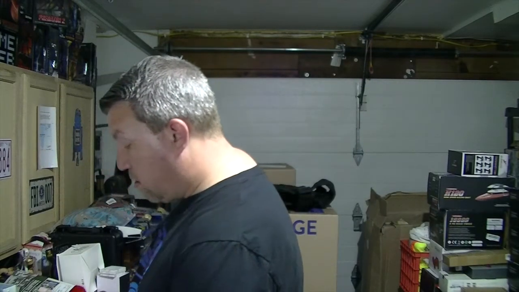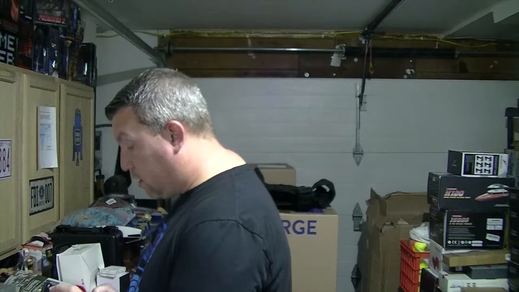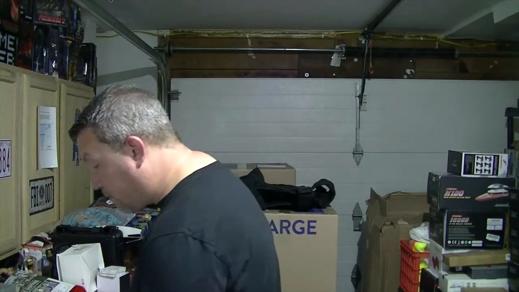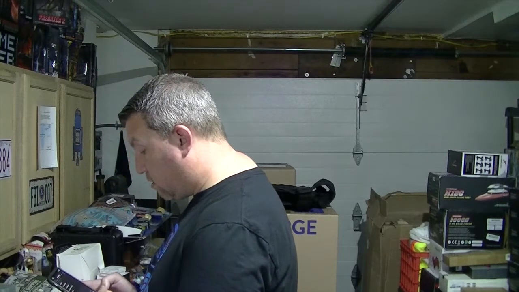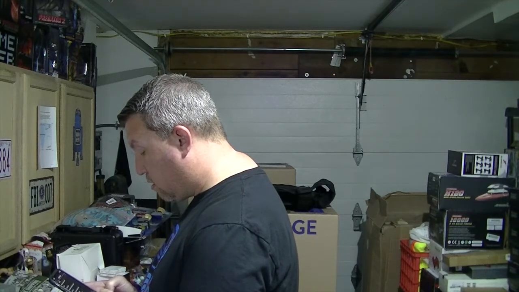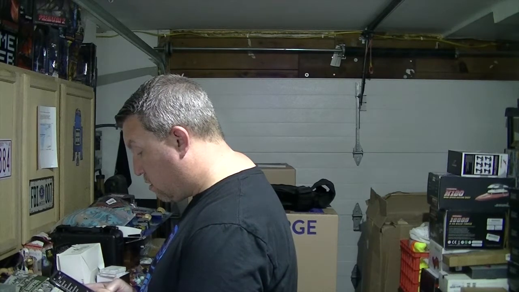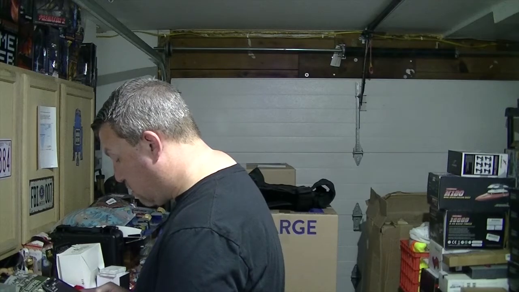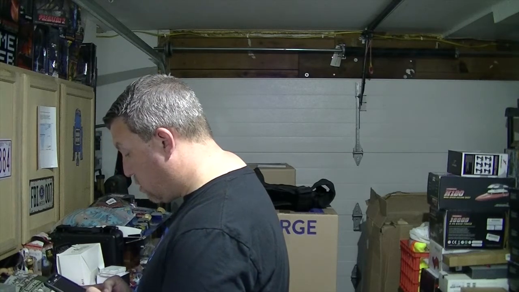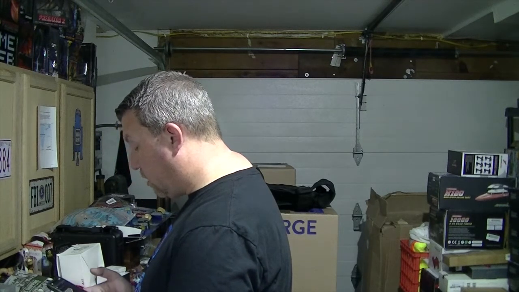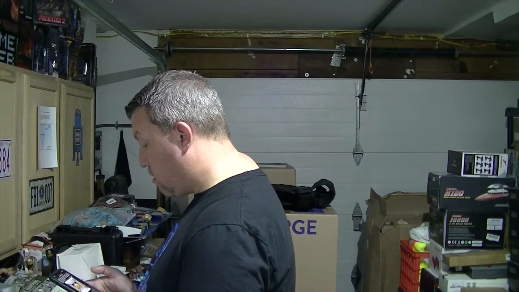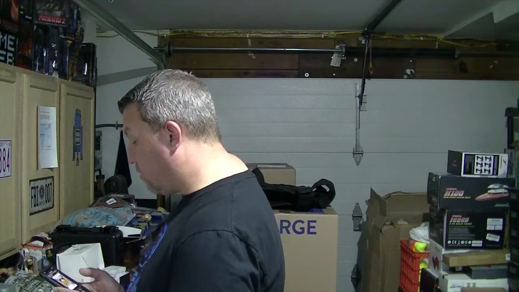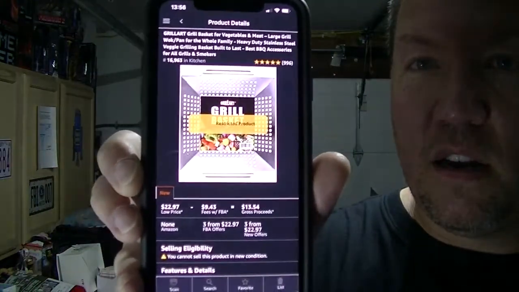Maybe I can search it by name. Grill Art Grill Basket. Okay, it's here. Now it says I'm super ultra mega restricted on it. See it right there?